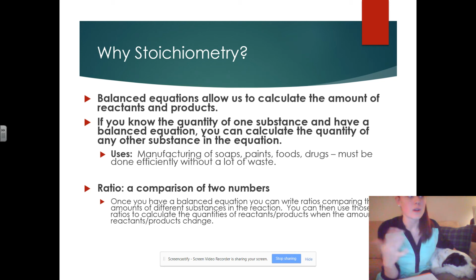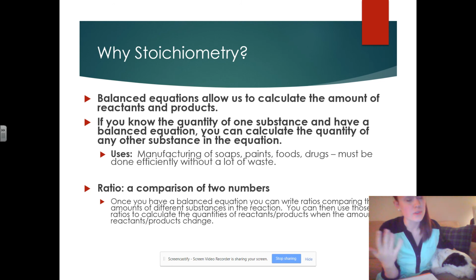Now, when or why would we use this? You can use it in manufacturing different products like soaps or paints or foods. Pharmaceutical companies, if you ever are thinking about going into pharmacy or wanting to become a pharmacist, they use stoichiometry to figure out how much of certain reactants or products they need in chemical equations that they use.